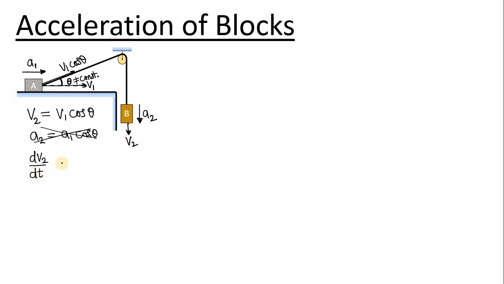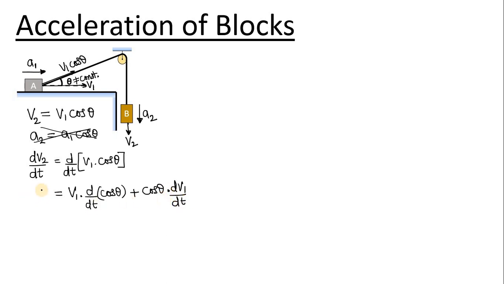Left side dv2 by dt, and on the right side d by dt of the product of v1 and cos theta. As we have a product of two variables on the right side, we must use the product rule of differentiation, which says: the first function into the differentiation of the second function, plus the second function into the differentiation of the first function. This is the product rule of differentiation.